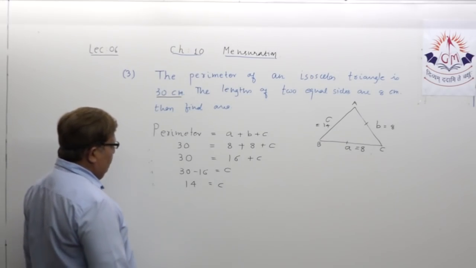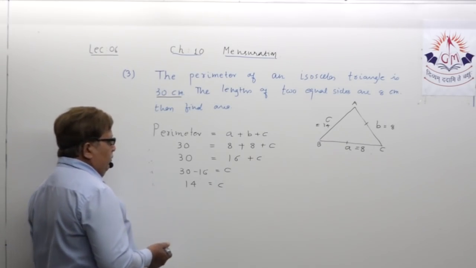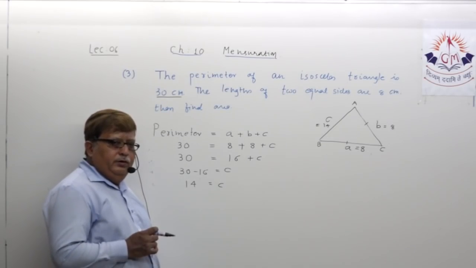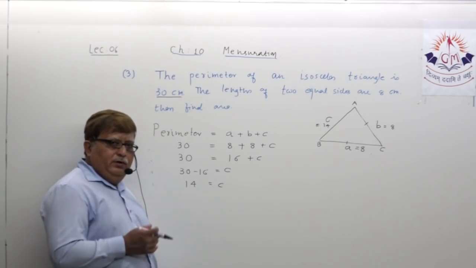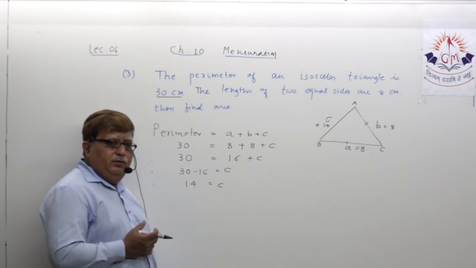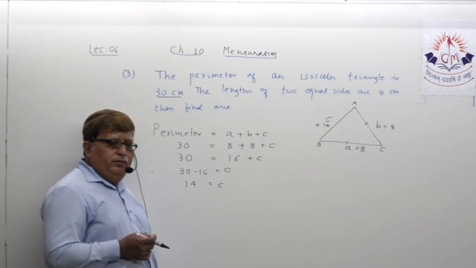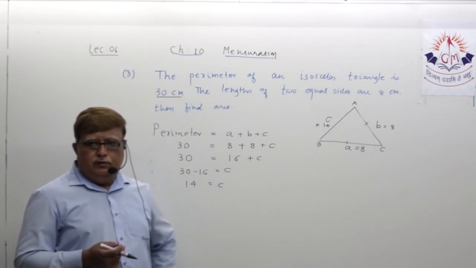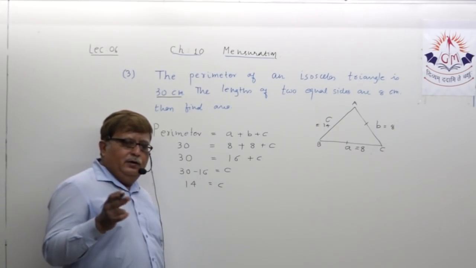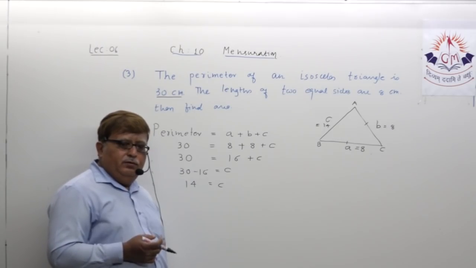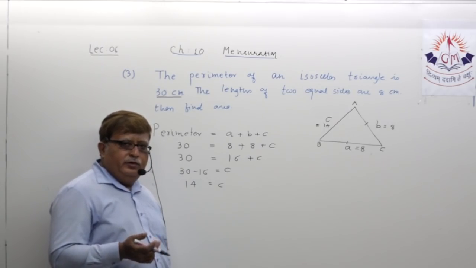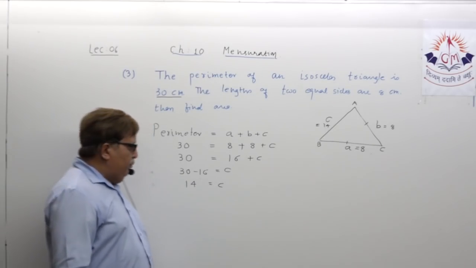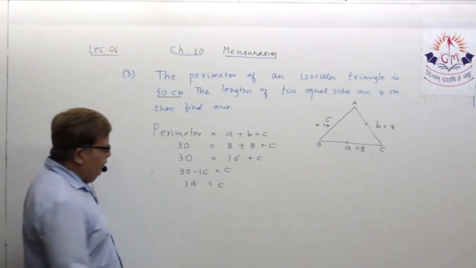Now it becomes easy, and as I told you, you must be remembering, we have utilized the same concept when we were solving example number 2 in the last lecture of Heron's formula, where I guided you that you do not have to find the semi-perimeter by the formula a plus b plus c upon 2, because the perimeter is already given.